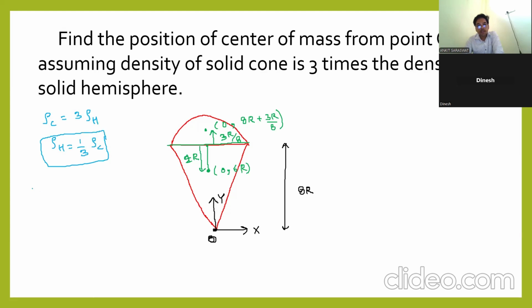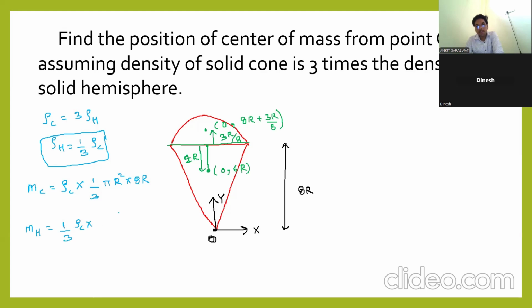So if I ask what is the mass of cone, it is volume into density: 1 by 3 pi r square h, where h is 8r, multiplied by the density of cone. And the density of hemisphere is 1/3 of the density of cone.